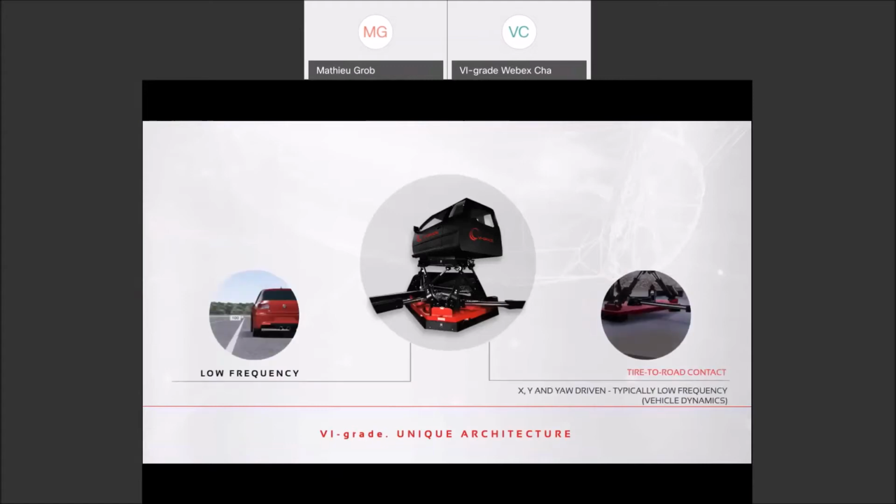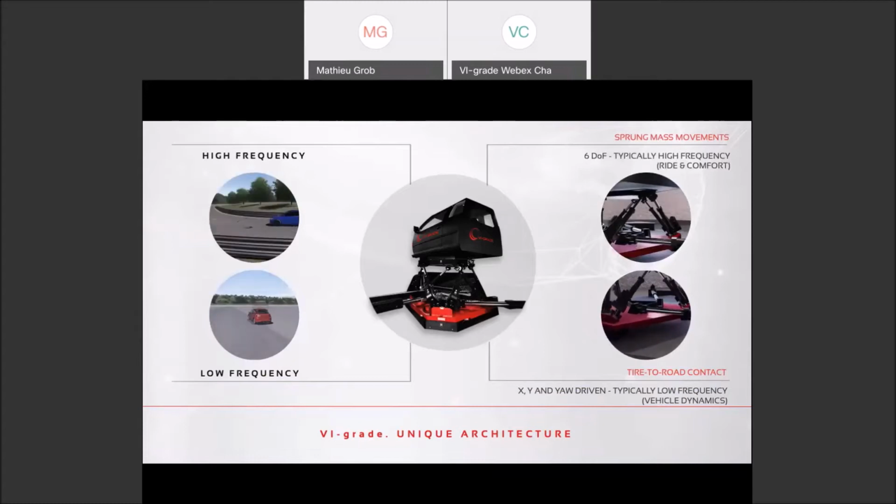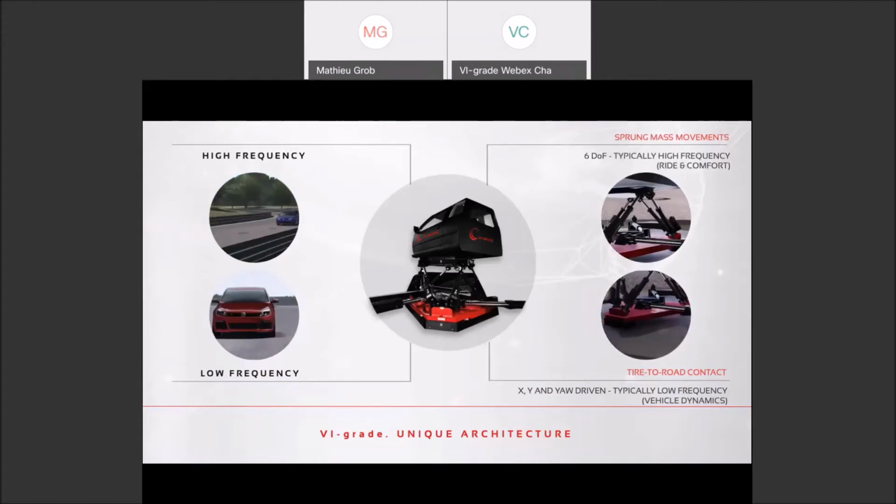So if we come back to the architecture you just saw, as I said, with the lower stage called the tripod, we can address low frequencies and tire-to-road contact with 3 degrees of freedom for vehicle dynamics. The upper part, as I explained, is a hexapod with 6 degrees of freedom, typically for high frequencies.